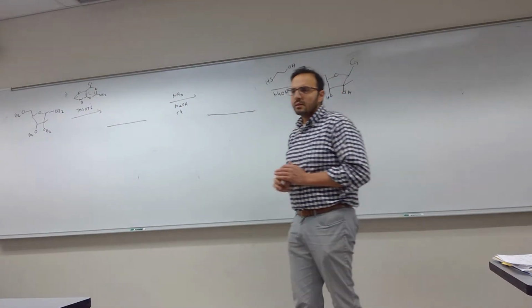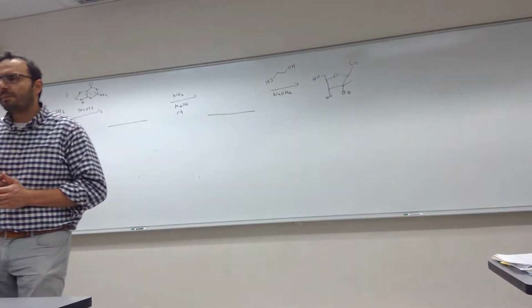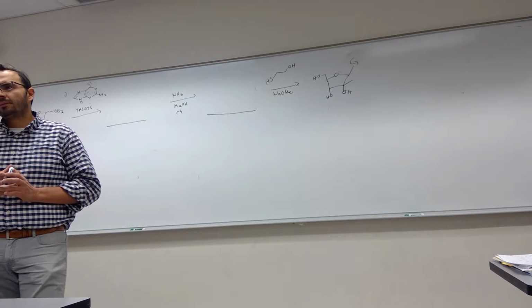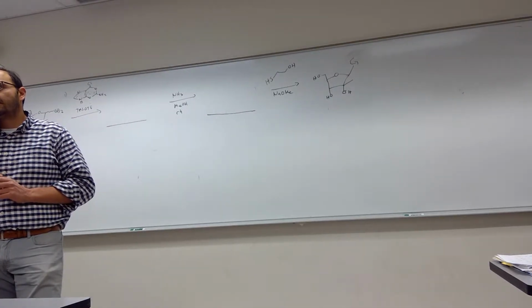I just had a quick question about the DPC. When you start off with whatever base that is, do you just add DPC to get into that, or do you have to buy a starting reagent with the DPC on it?